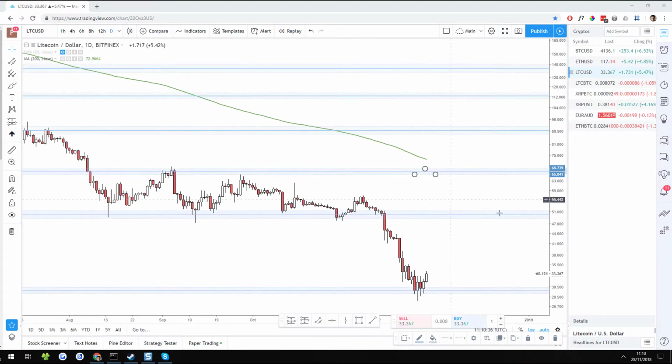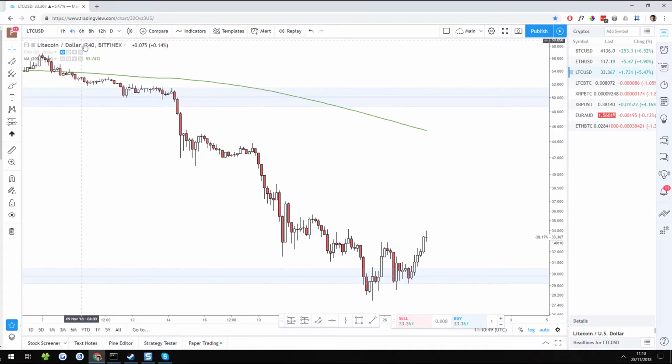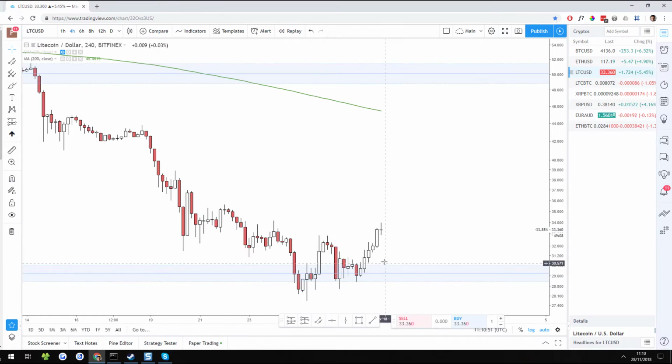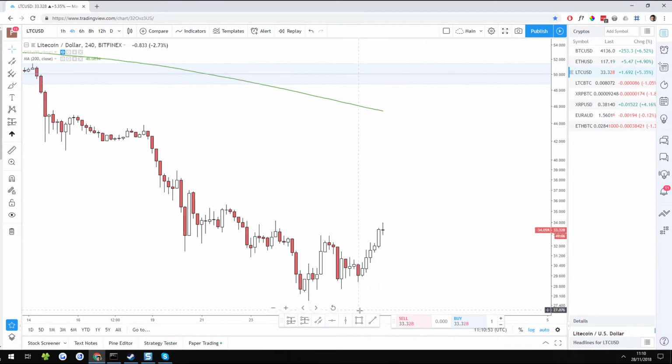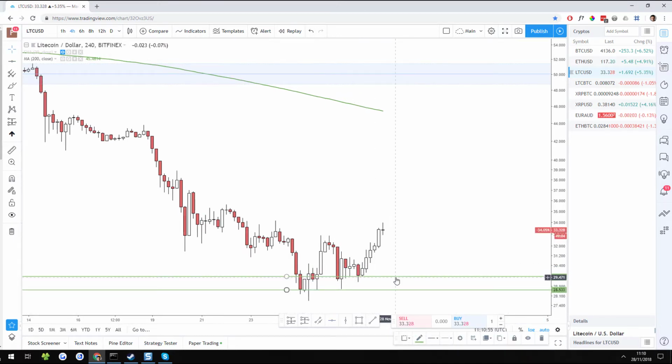All right, and taking a look at Litecoin USD. Again, these are so heavily correlated that we're pretty much seeing the same thing on Litecoin USD. We're seeing price stalling out on top of support and pushing up. The 4-hour actually looks a little bit different on this one. So we're not really looking for any range trades here because the range isn't quite broken.